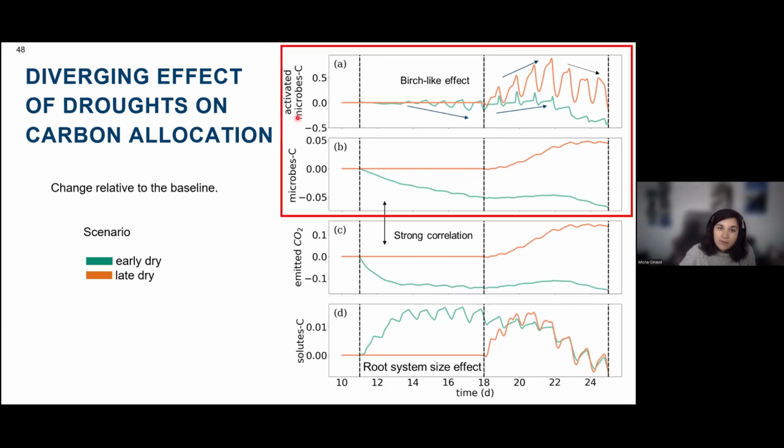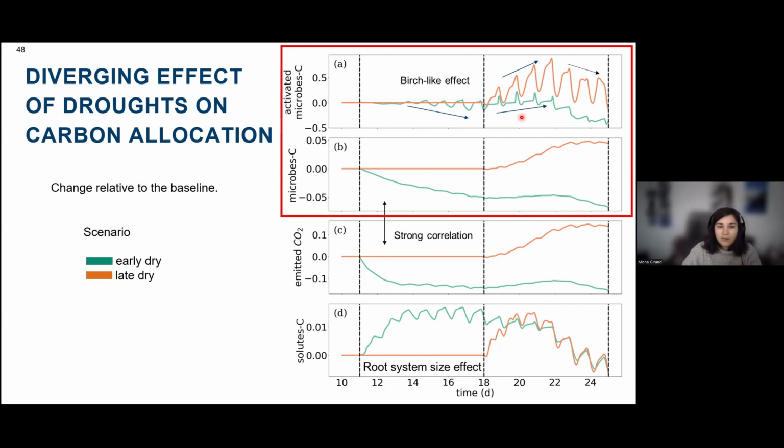And now we look at the amount of activated microbes, and we see an effect that resembles the Birch effect. So the Birch effect is the idea that when we have wetting-drying cycles, during the dry spell, the resources accumulate in the soil because microbes cannot take them up because they suffer from stress. And when we have a wet pulse, then the microbes become activated again and they can profit from the solute that had accumulated.